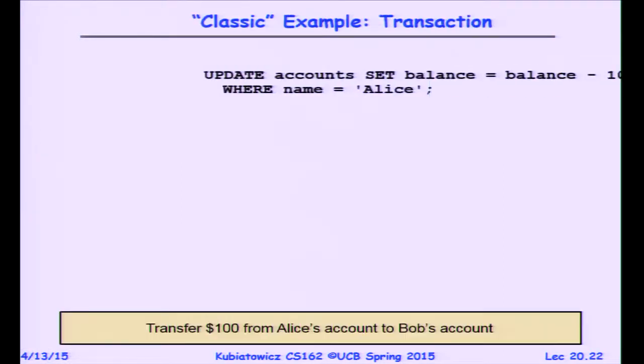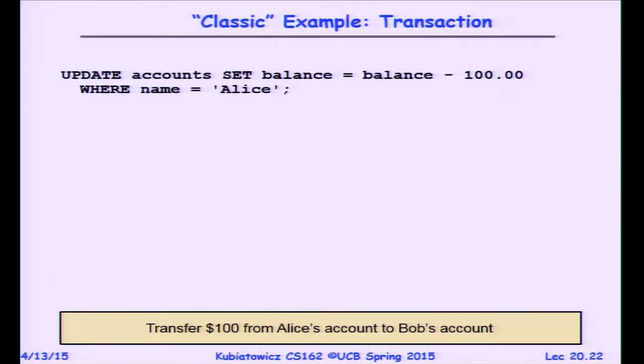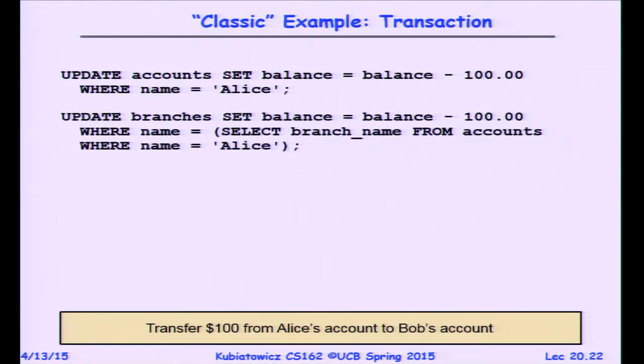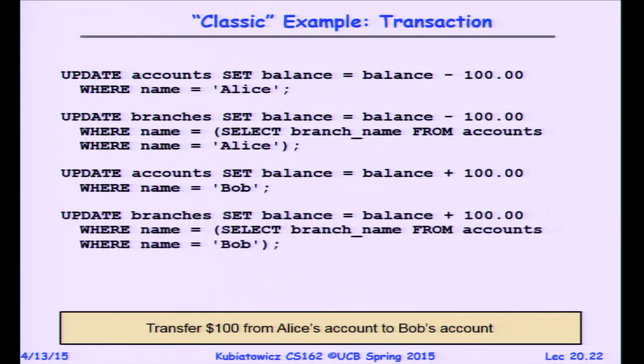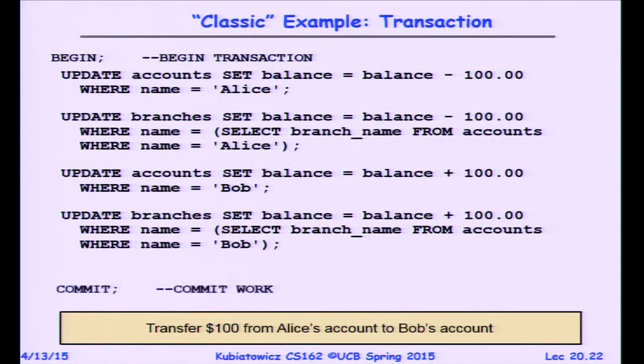So here's a classic example. We're going to update accounts where name is Alice, update branches, change the balances, and then finally when we're done, we commit. So that begins the transaction, the commit ends it, and notice that while we're in the middle of all of these updates, the state is inconsistent.